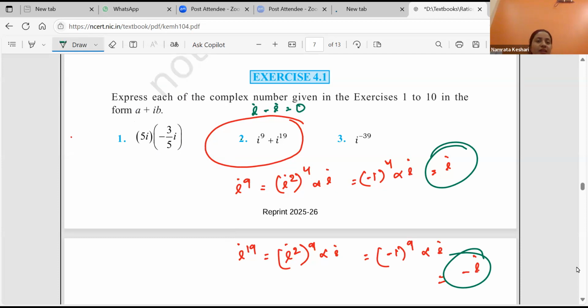Okay. Next, the first one, just the way you do multiplication in algebra. If I give you 3 by 5x into 2x, how will you multiply? 3 by 5 with 2 and x with x, you will tell me the answer is 6 by 5x squared, right, Maryam? Yes, miss.